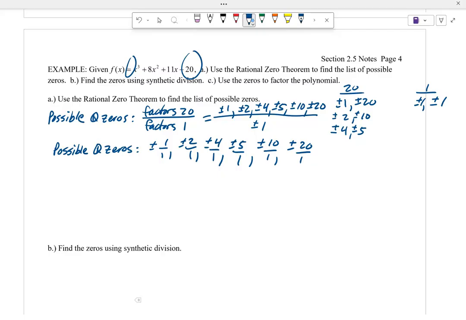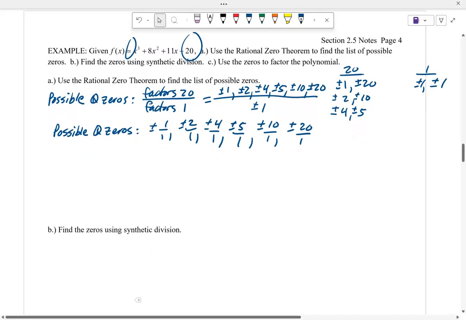Now we need to find the zeros. So this is a 3rd degree. So there's 3 zeros here. So what I like to do is I'm just going to start lowest to highest. I'm going to always start with my 1 or -1, and then I test them.